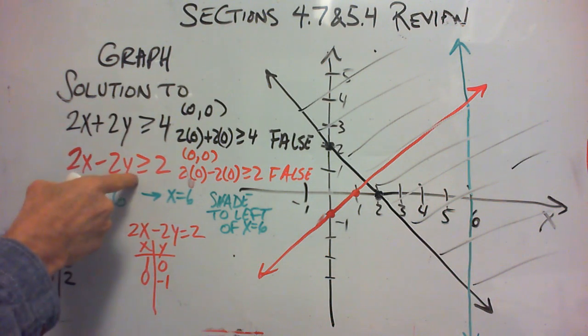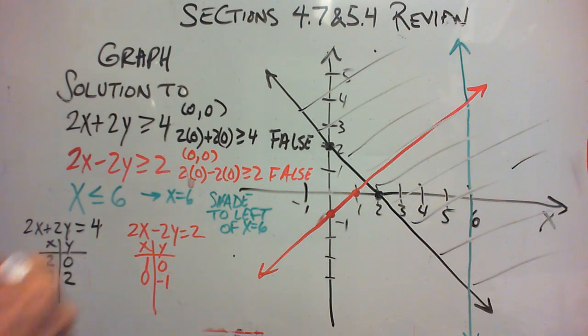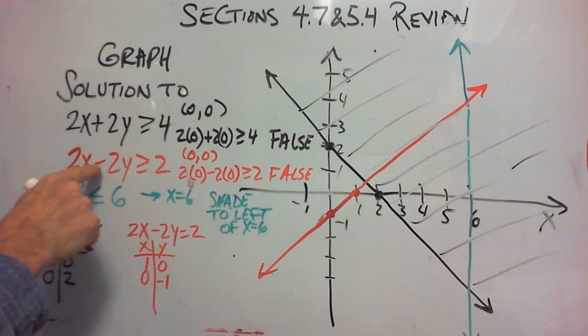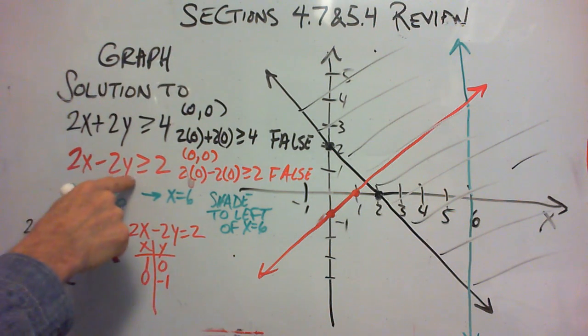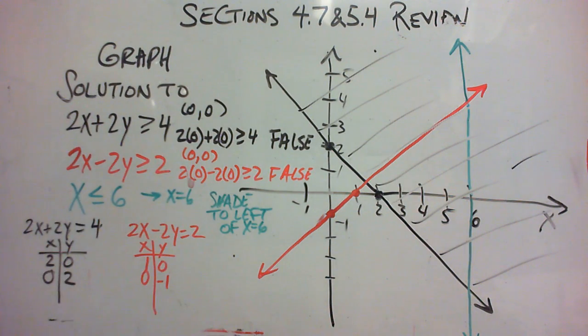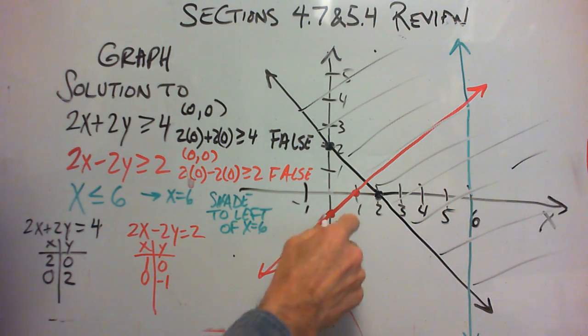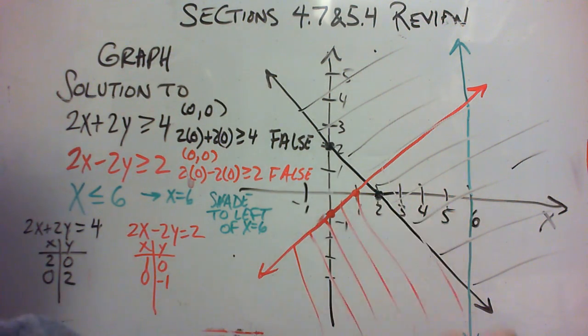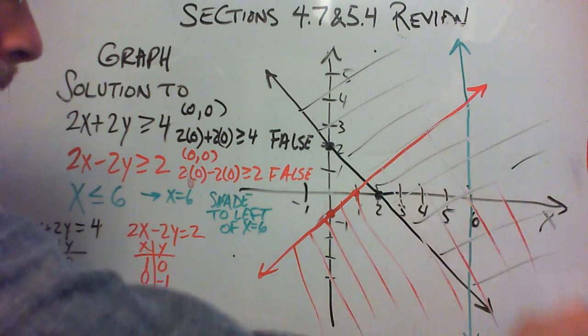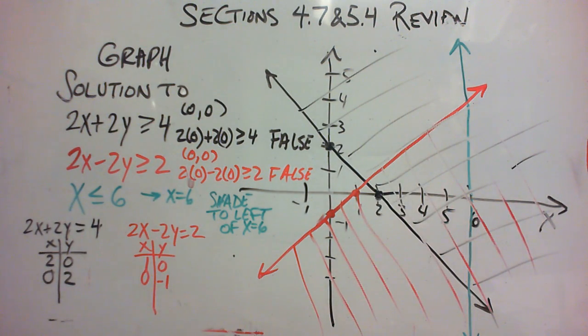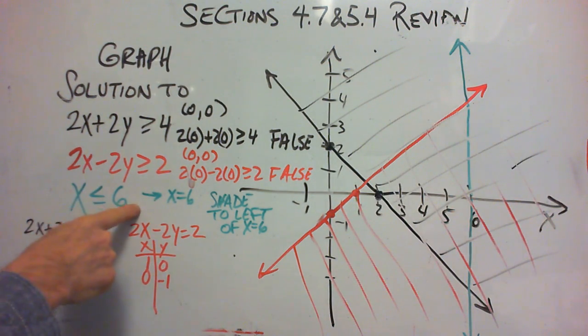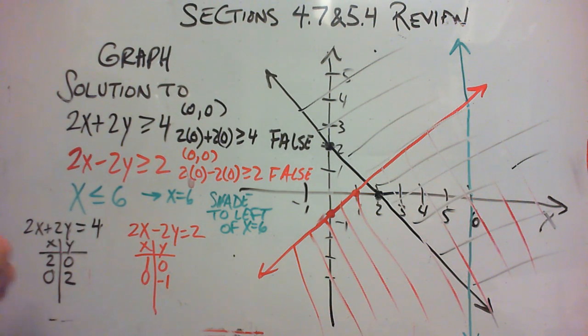For 2x minus 2y greater than or equal to 2, when we plug 0, 0 in there, we get 0 minus 0 greater than or equal to 2. That's false. So we shade the side that does not contain 0, 0, which is the bottom. But then we also have the inequality x less than or equal to 6.